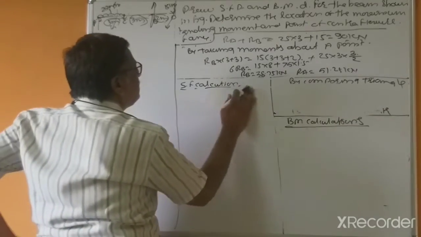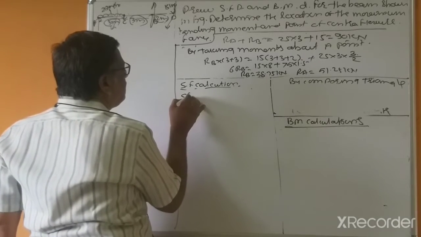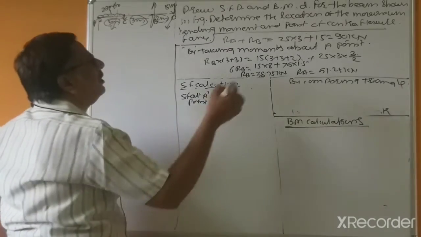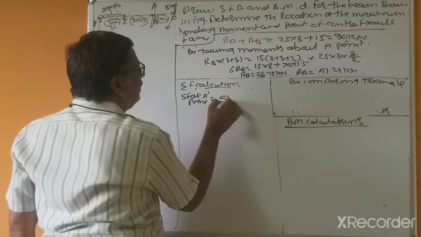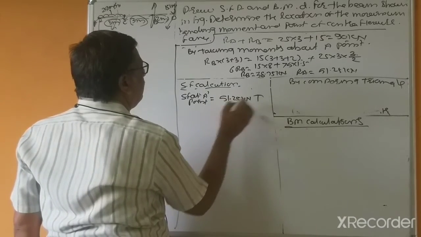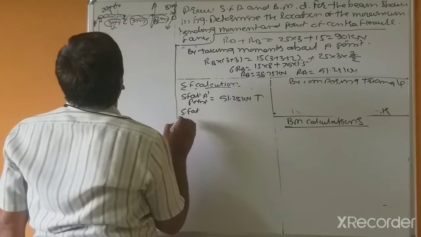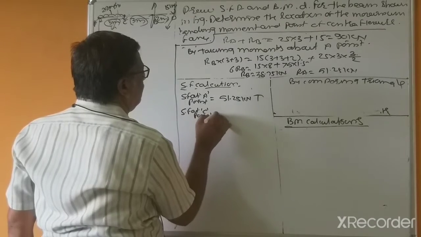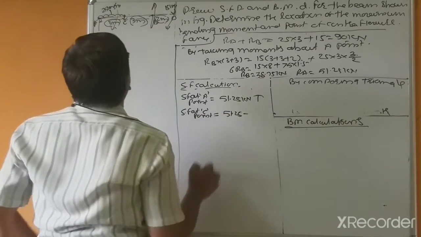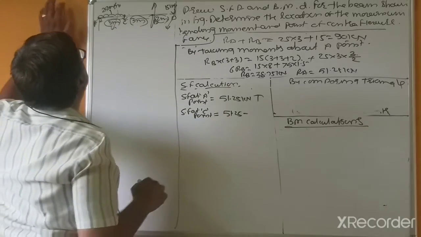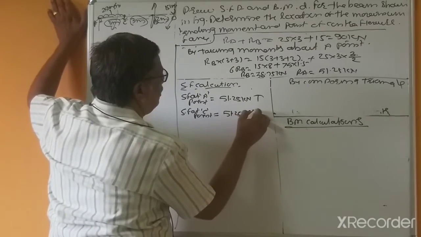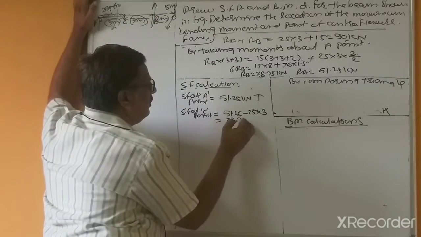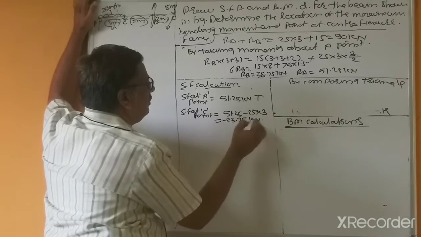Now the shear force calculations. Shear force at A point is 51.25 upward, so 51.25 kilonewtons upward. Shear force at C point is 51.25 minus the downward force 25 into 3, which is 75, so this is equal to 23.75 kilonewton.